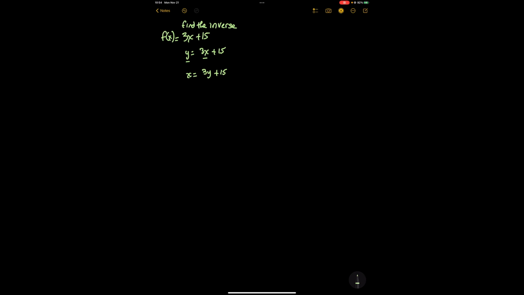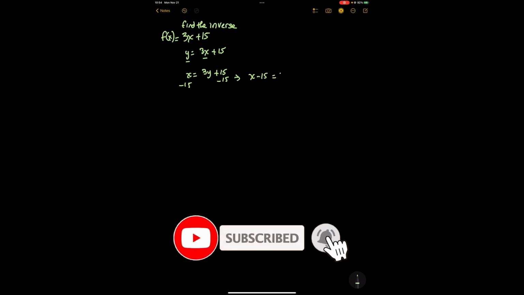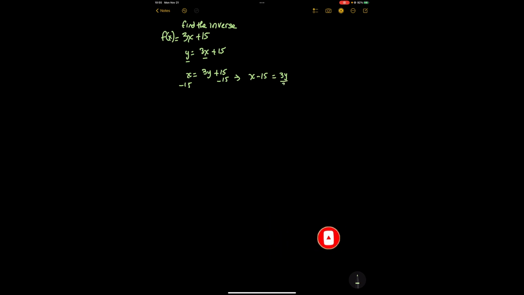Now, how do you solve for y? We're going to make sure you keep y by itself. So you're going to subtract 15 on both sides, right? So that will be x minus 15 equals 3y. And then we're going to divide by 3 on both sides, right? So that will be y equals (x minus 15) over 3.